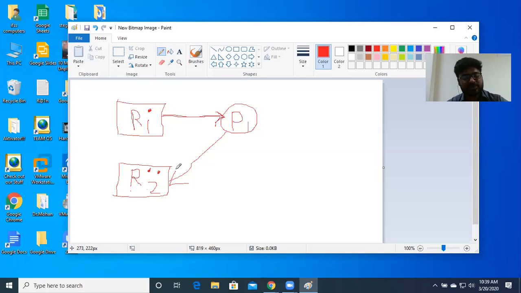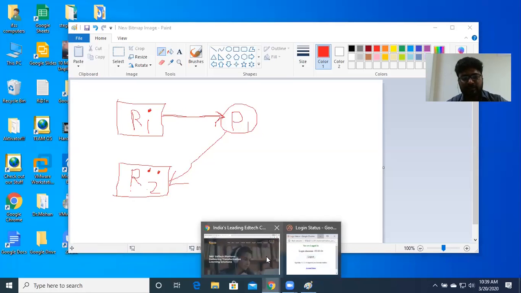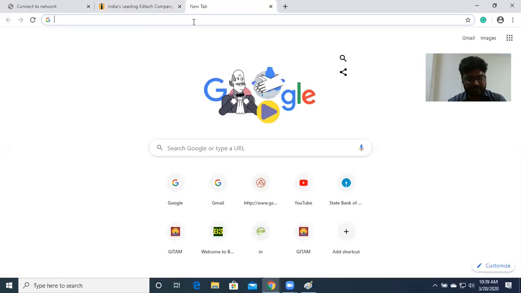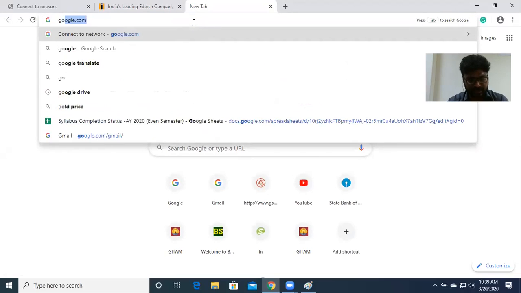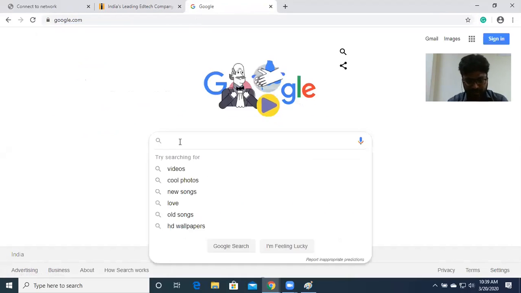Those instances should be represented in this form. This way we have to draw a resource allocation graph. I'm going to look up a good resource allocation graph diagram in Google, then you can get a good pictorial representation.